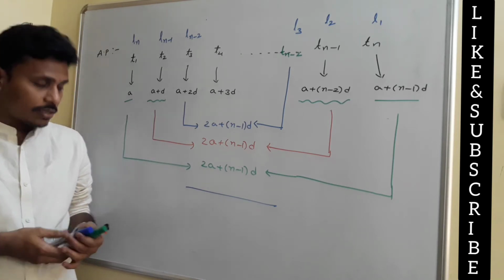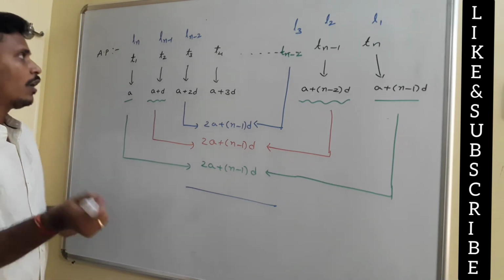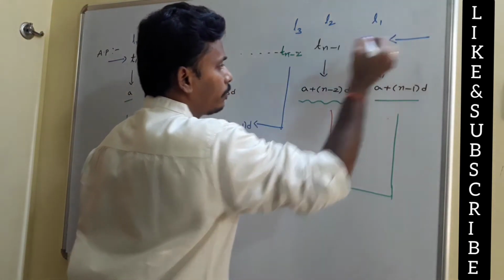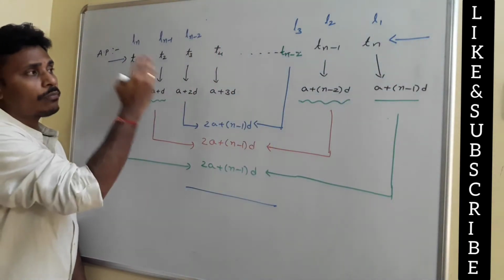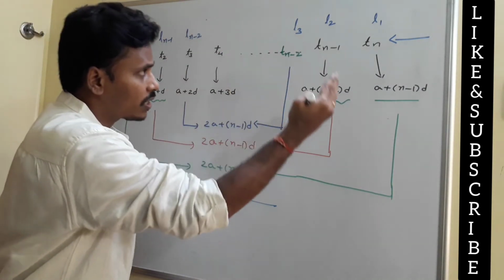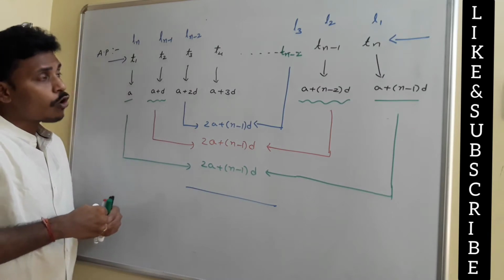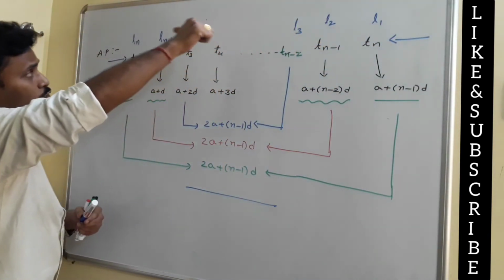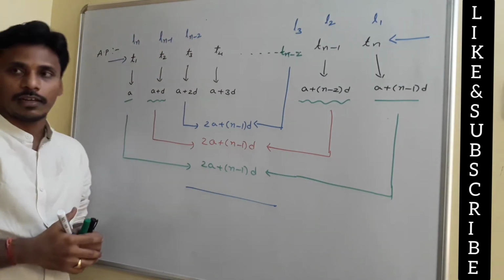Just again I am repeating the discussion here. Have a look. See, I have an arithmetic sequence with the terms t1, t2, t3 up to tn, right? If you count from this direction, first term, second term, third term, n minus 1th term and nth term. If you count from that direction, first term, second term, third term, n minus 2th term, n minus 1th term and nth term, right?